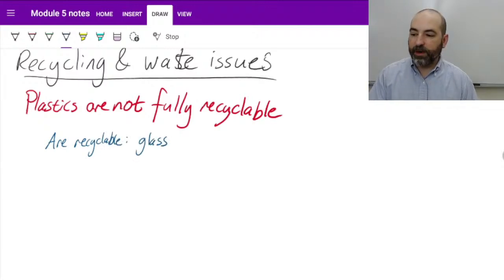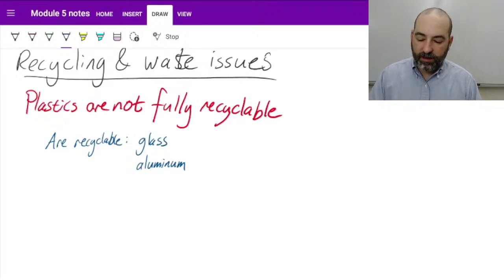So you can take a glass bottle, you can melt it down, get some of the impurities out, and make a new glass bottle. Aluminum, like aluminum cans, is recyclable. You can take aluminum cans, melt them down, and make more aluminum stuff.